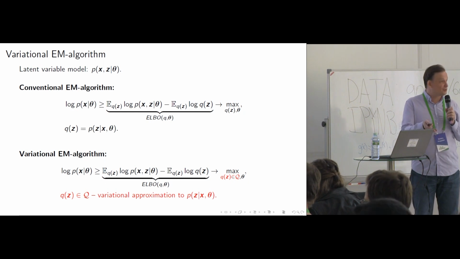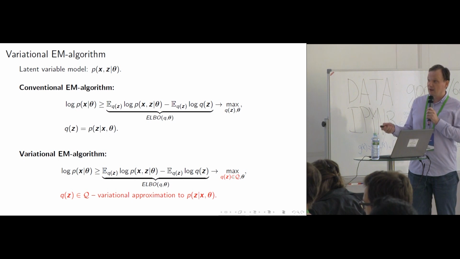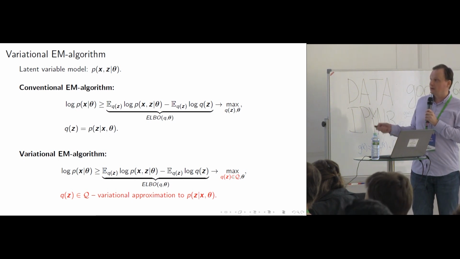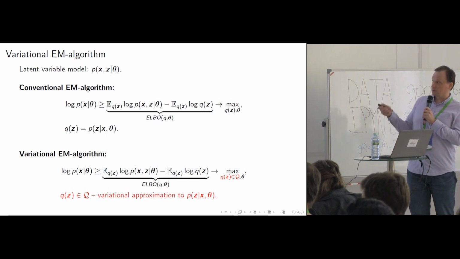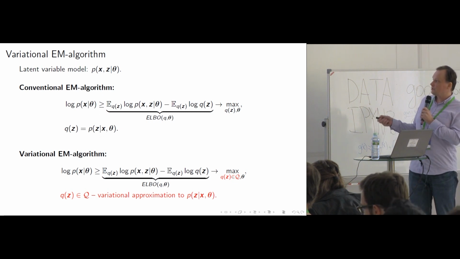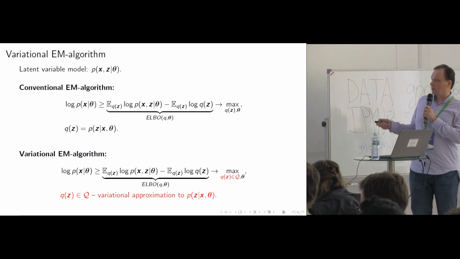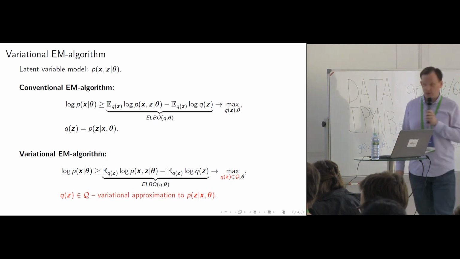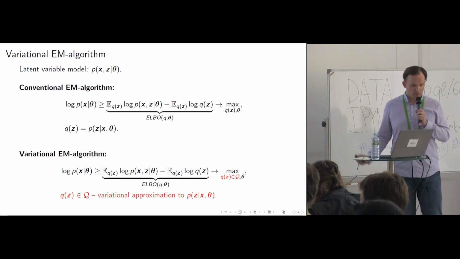But for finding a variational approximation, we need to optimize the same criterion function. So now we can unite these two ideas into one optimization problem. This is the same evidence lower bound as it was here. The only difference is that we maximize with respect to theta and over probability distribution Q, which is taken in some restricted family of simplified distributions. Nothing more.